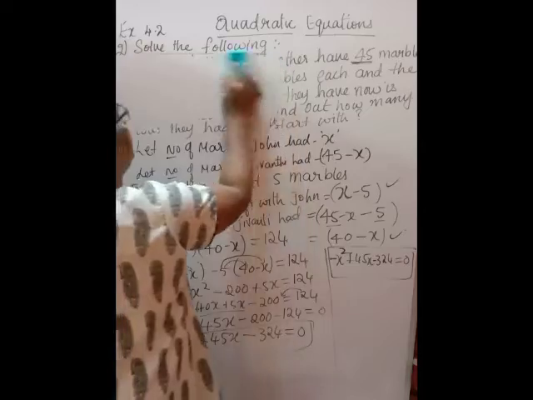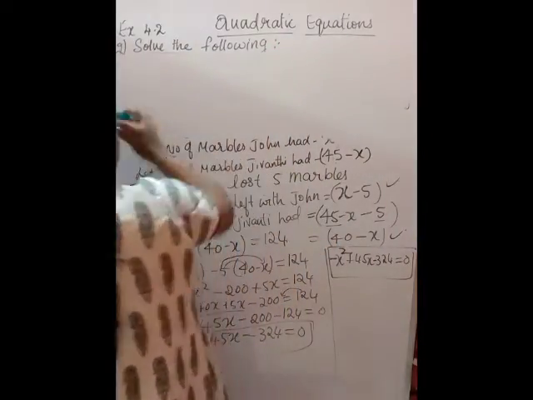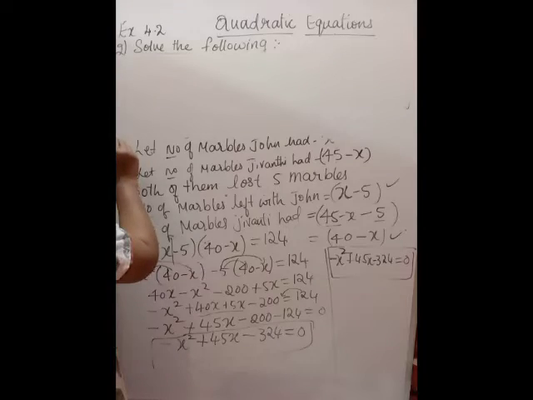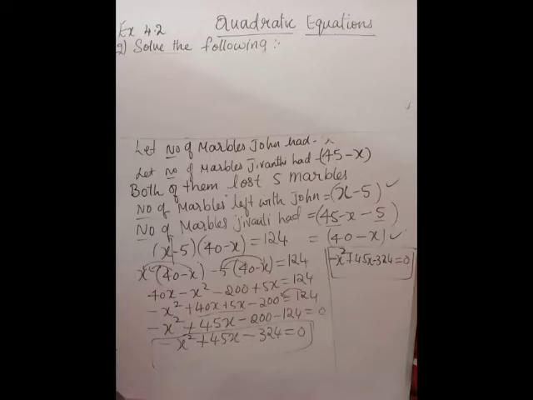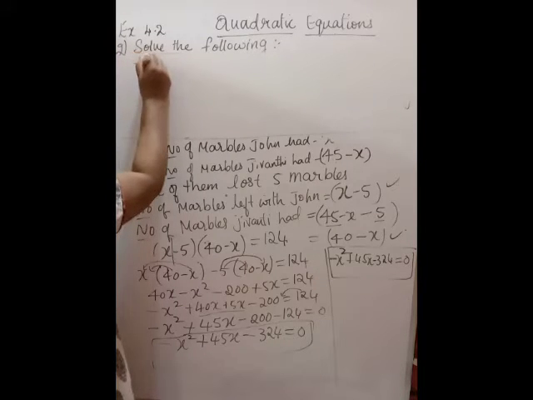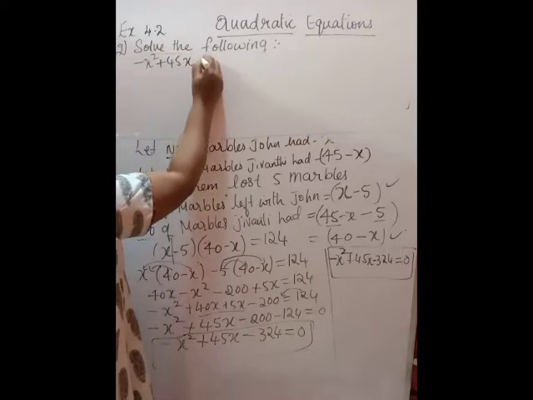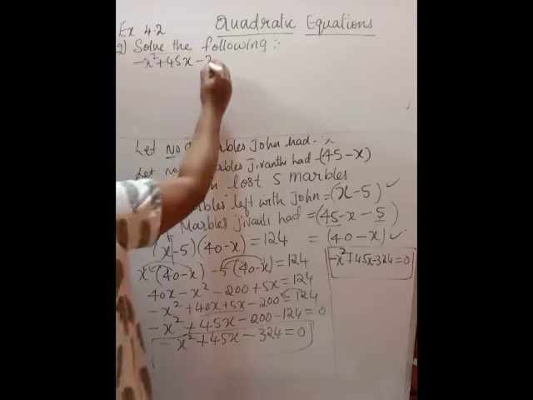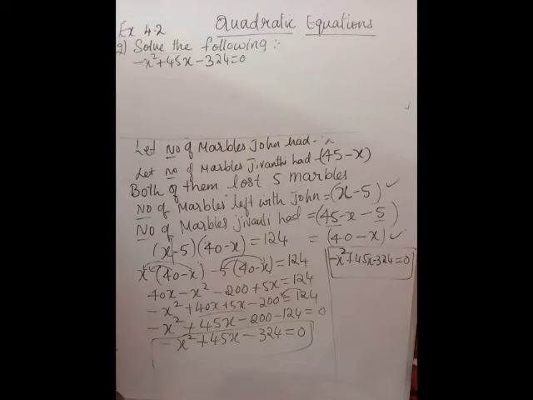Now I am going to rub this to continue the factorization. So within this only I am going to write. Now the required quadratic equation is minus X square plus 45X minus 324 is equal to 0. Here the first term itself has a minus sign, is it not? So what I have to do is make it plus.